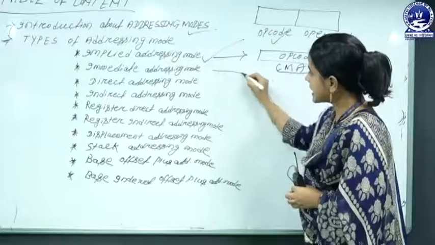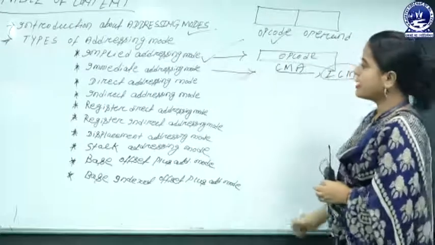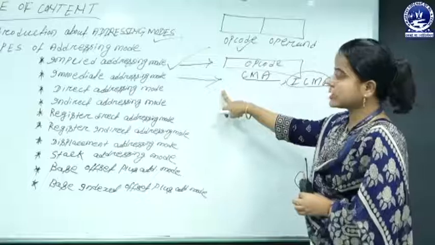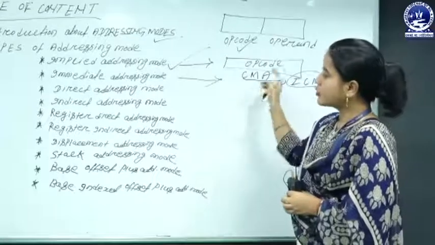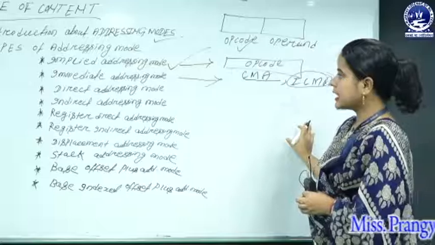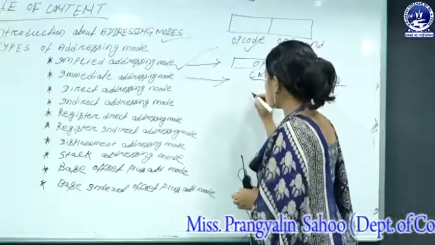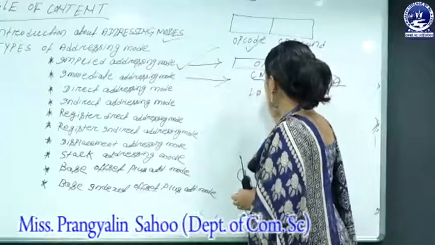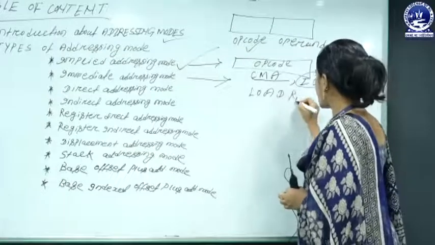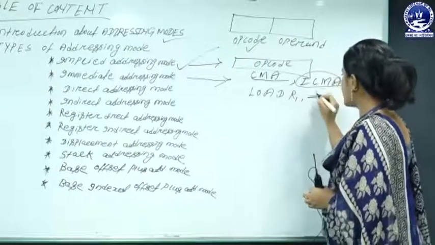Now we go to the second addressing mode, the immediate addressing mode. In the immediate addressing mode, the data value is present directly in the instruction. For example, suppose you are loading a data value into register R1, and the data value is 100.